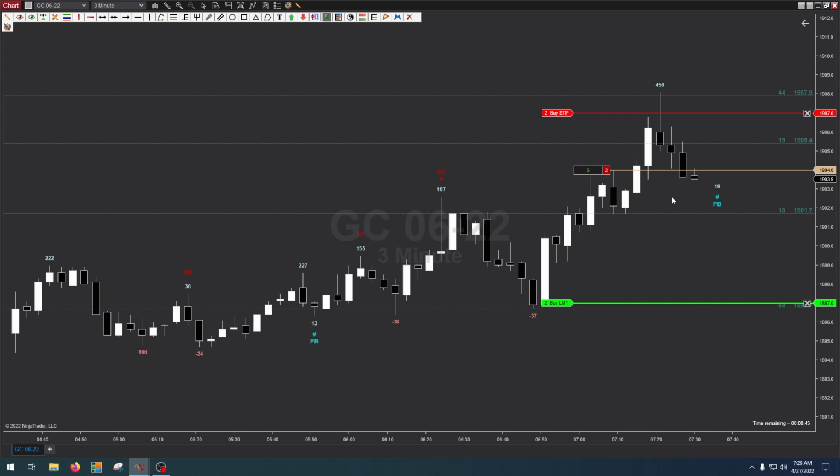I'm just explaining what I would be doing. I would have a target right here where these tweezers are. That'd be target 1. This would be my next target for me. So we could be going up and getting a swing high.